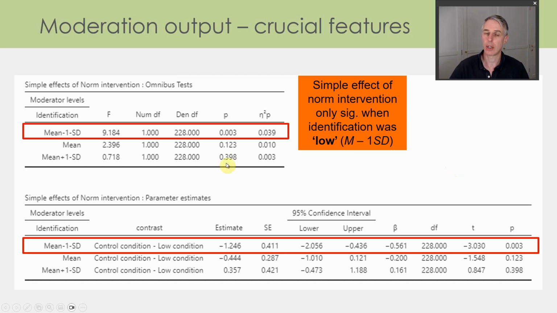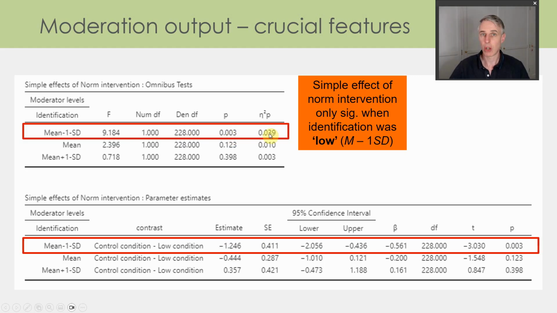So just to point out here, the simple effects can be written up either in regression or ANOVA format. For example, you can report the estimate, the regression coefficient, the standard error, and perhaps the t-statistic and p-value, or the beta. Or you could report it as you would an ANOVA effect. So there's your F ratio, the numerator and denominator degrees of freedom, the p-value, and the partial eta squared.